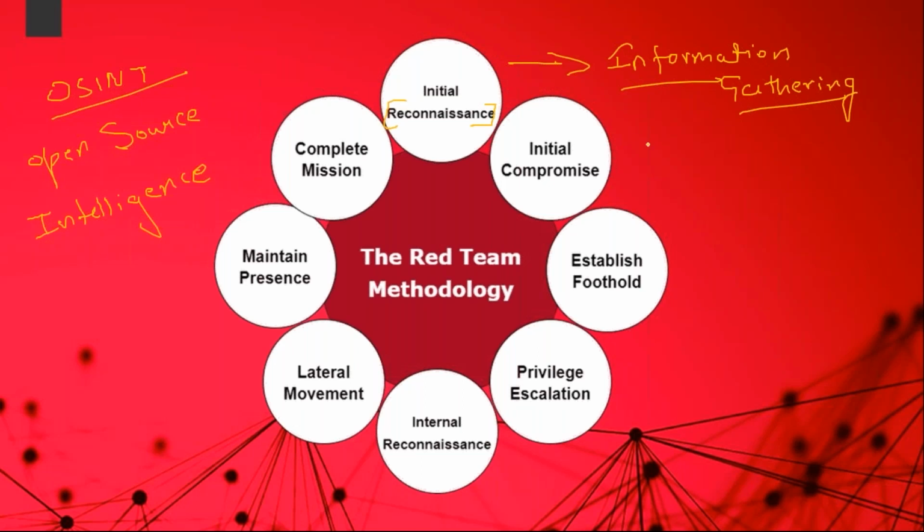Now we split reconnaissance into two categories on the basis of interaction with the target: active reconnaissance and passive reconnaissance. Active reconnaissance means actively engaging with the target, network, host or employees. We are communicating with the target and trying to find out information.